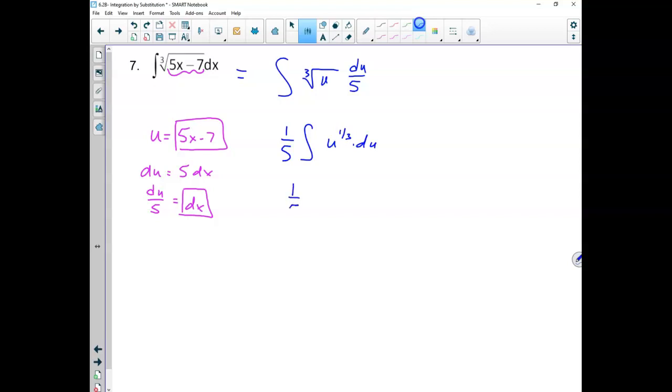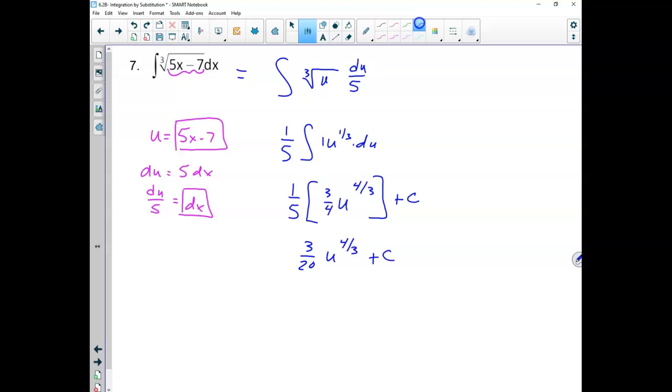So I integrate 1/5 times u to the 4/3. There's a 1 in front of that, so that's a 3/4 here, plus my c. That's going to give me 3 over 20 u to the 4/3 power plus c.